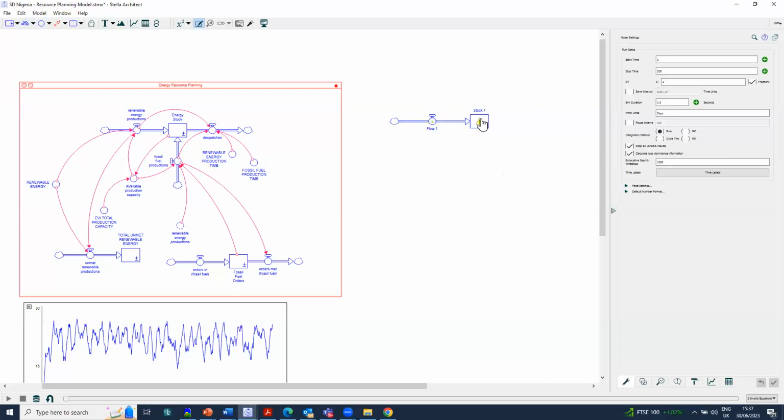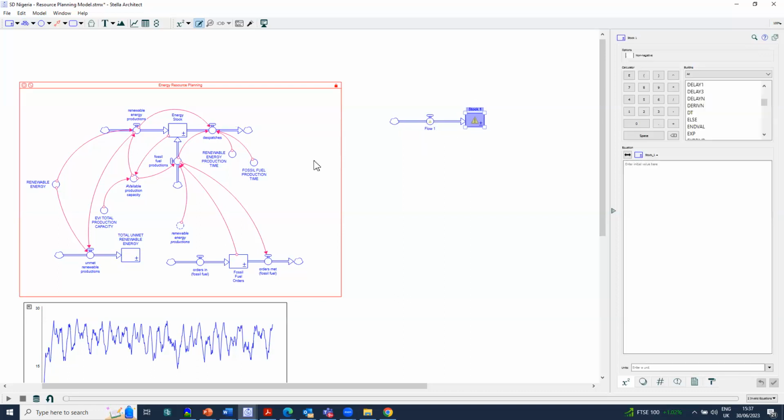So it's moved onto it now. If I move this anywhere, it will run around with it. Is that okay? That is how I will have drawn the renewable energy production and fossil fuel production. I will have moved something from outside to inside.